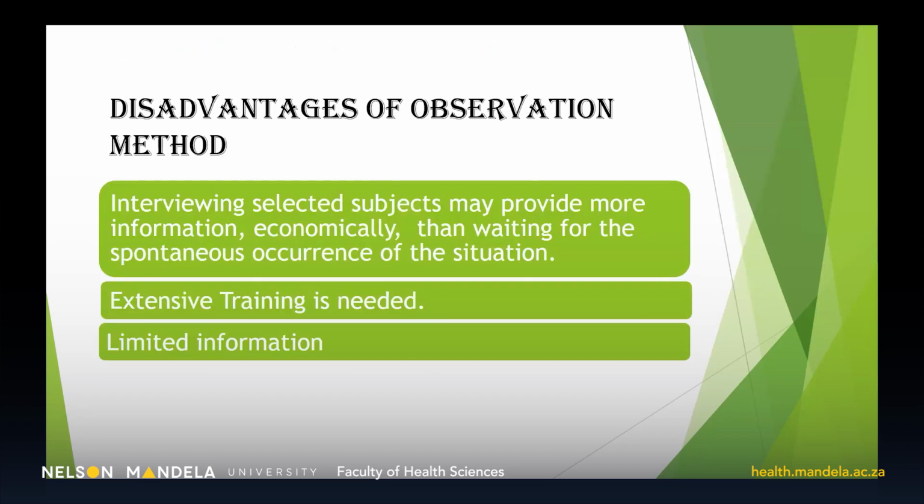Disadvantages of observation would be: interviewing selected subjects may provide more information, and might be economically a better option than waiting for the spontaneous occurrence of a situation. Think about it. And you might need extensive training in order to conduct observation and things like that. These will be the disadvantages of observation.